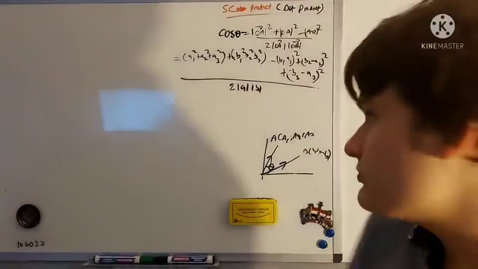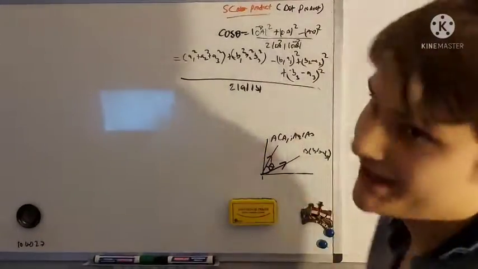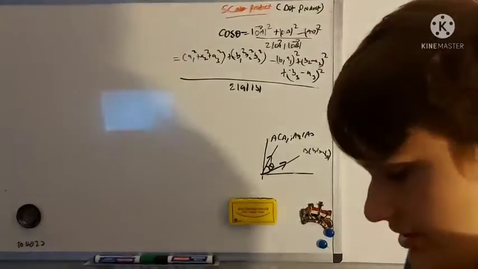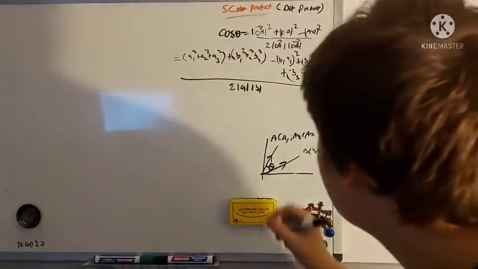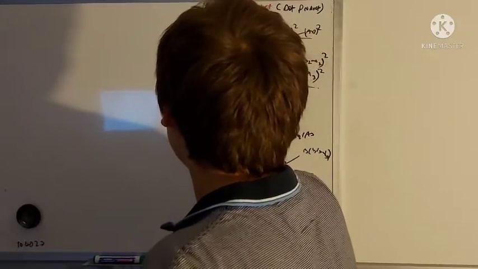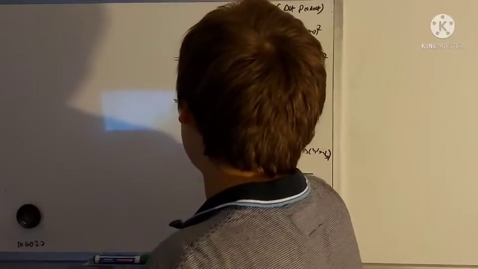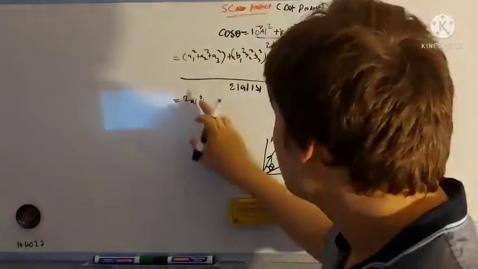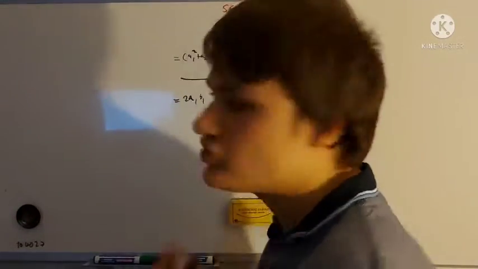Now, I'm going to jump another line, because I'm going to expand all that out in one go, because I know what the result should be. You get 2A1 B1. A should be normal, not a subscript.